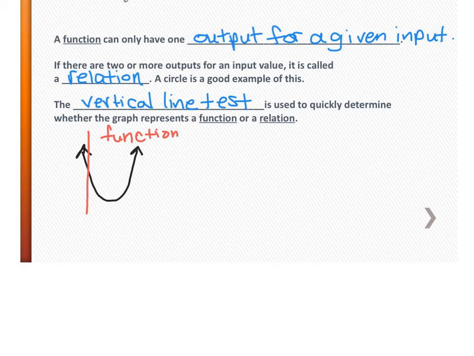Another example, we'll be looking at polynomial functions, kind of a strange curve like this. If I move a vertical line anywhere along that graph, I only hit the output once, that's a function.